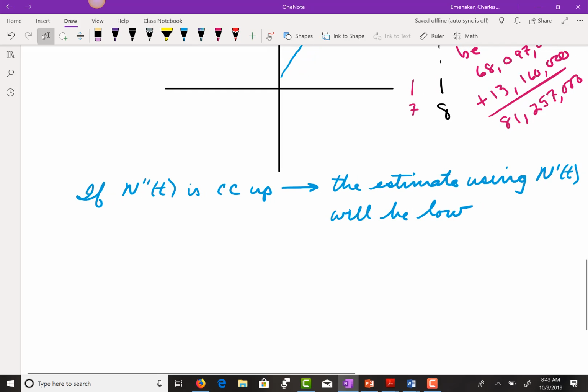Does that make sense why it's going to give you a low estimate? Really important to know. Now, if it can be concave up, it can also be what?